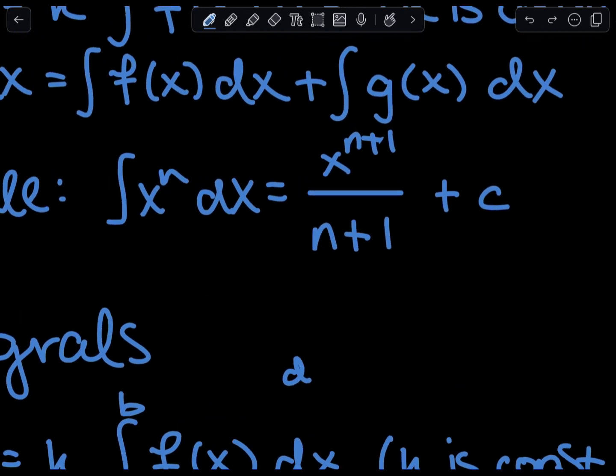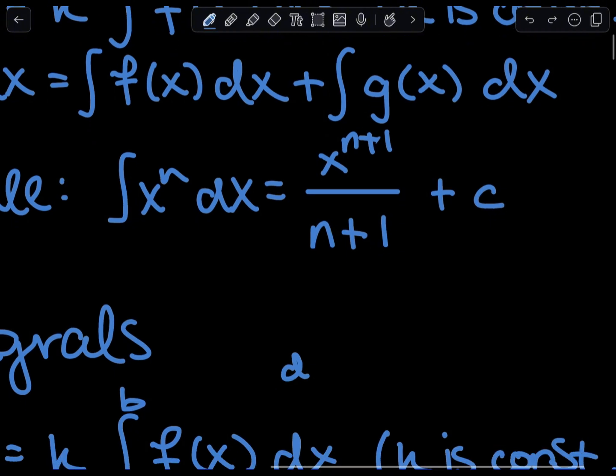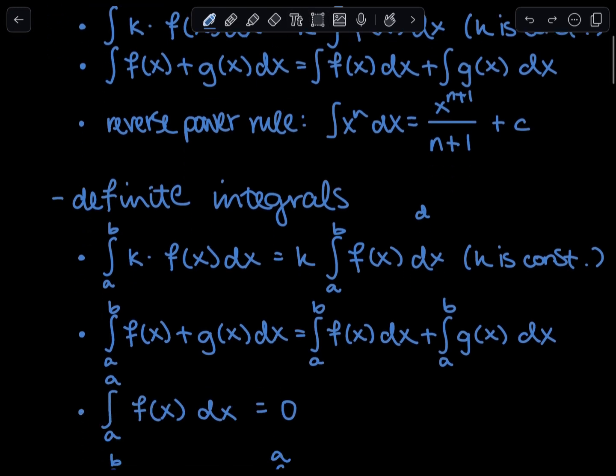And that integral is equal to x to the power of n plus 1 instead of n minus 1, divided by n plus 1. And of course, plus c for the integration constant that we talked about in the previous video. But we'll do a few examples to apply this.